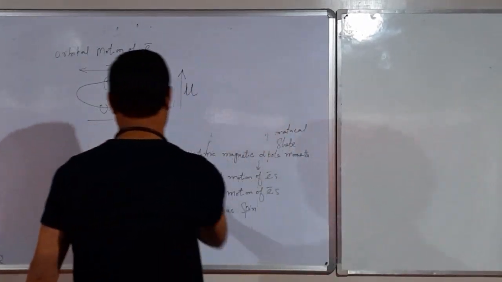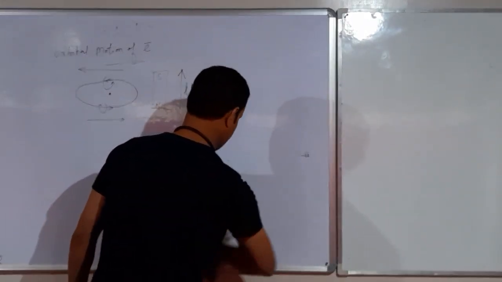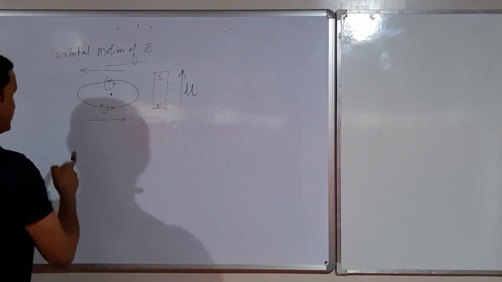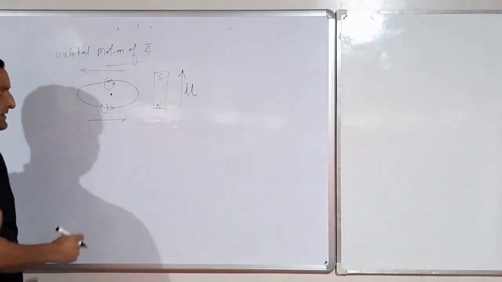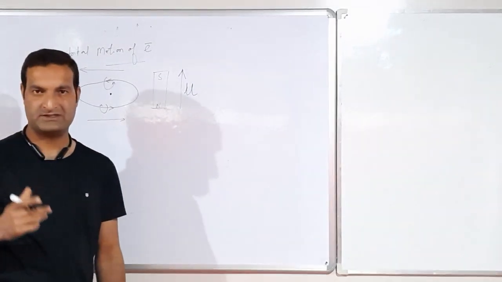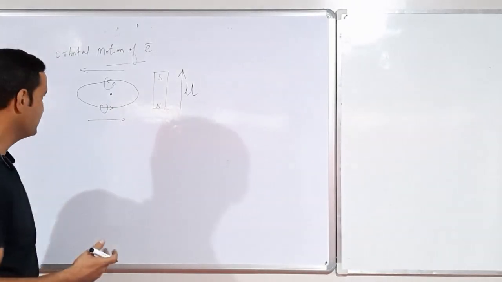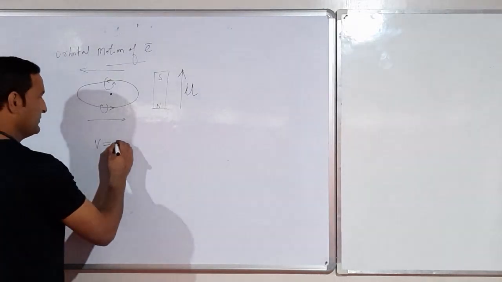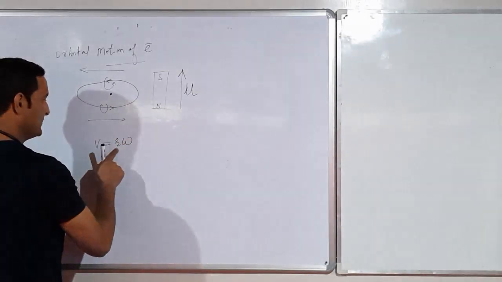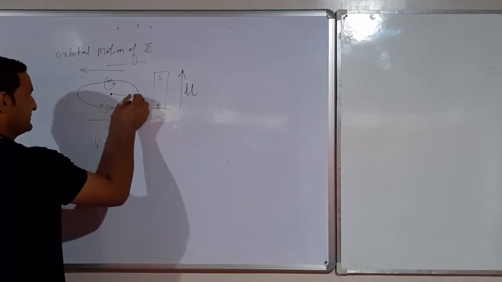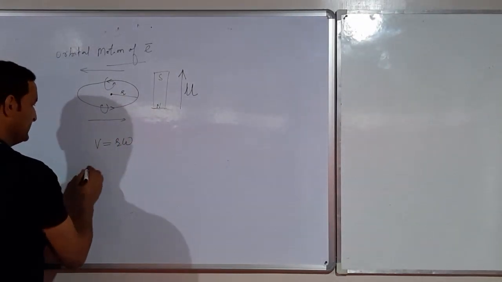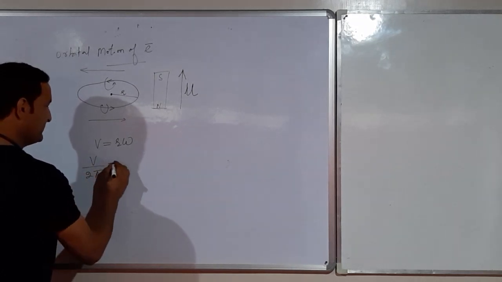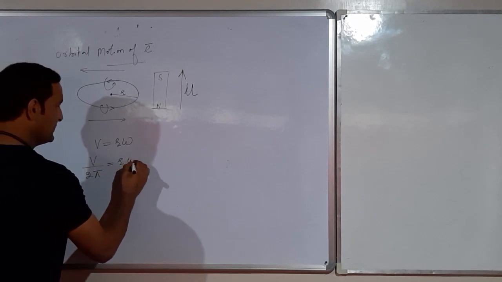Here we will write a simple relation. This is basically a classical model. The linear velocity is related to the angular velocity as v = r omega, where r is the radius of the orbit. If we divide both sides by 2 pi, v upon 2 pi is equal to r omega upon 2 pi.